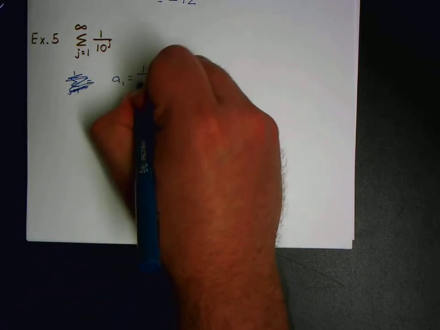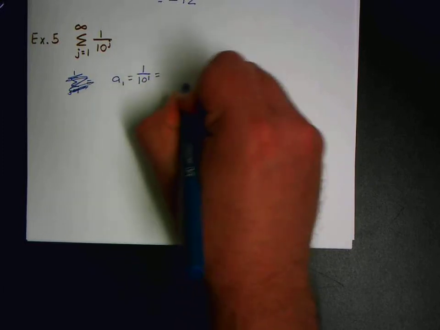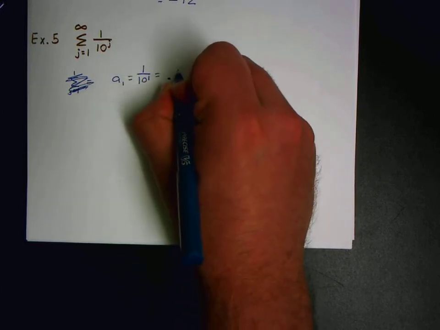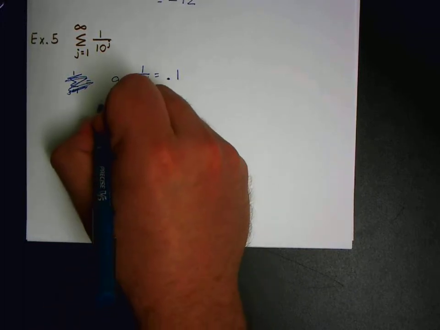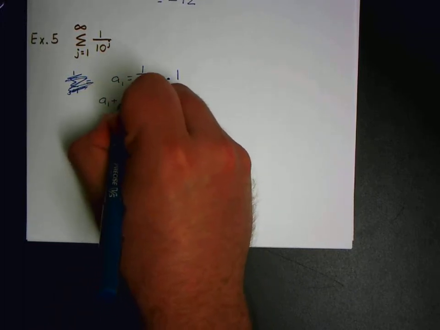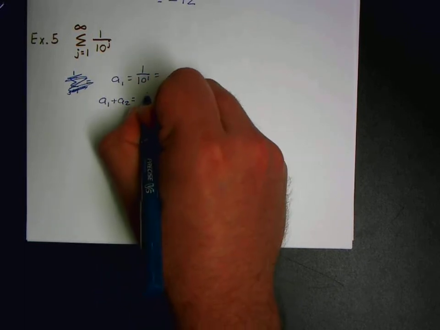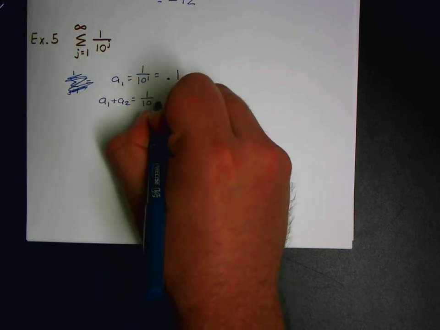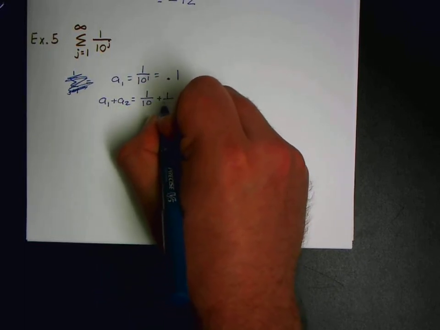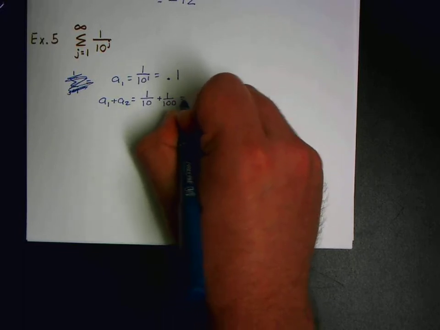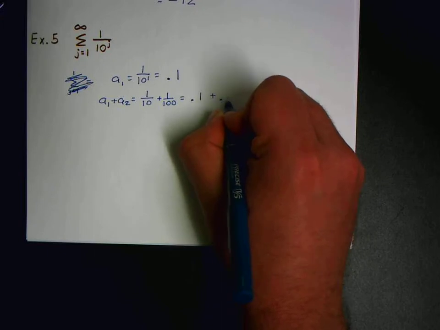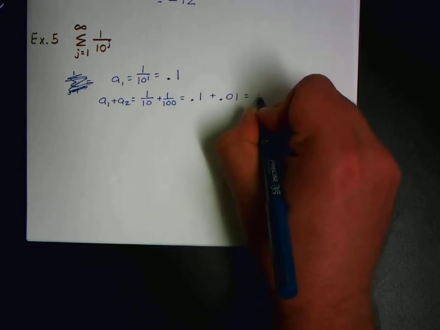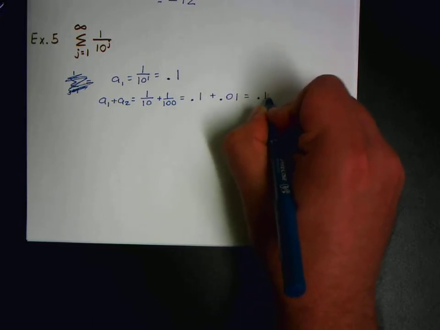Well, A1 is 1 over 10 to the 1, which is 0.1. Okay, A1 plus A2 would be 1/10 plus 1 over 100th, which should be 0.1 plus 0.01, which is 0.11.